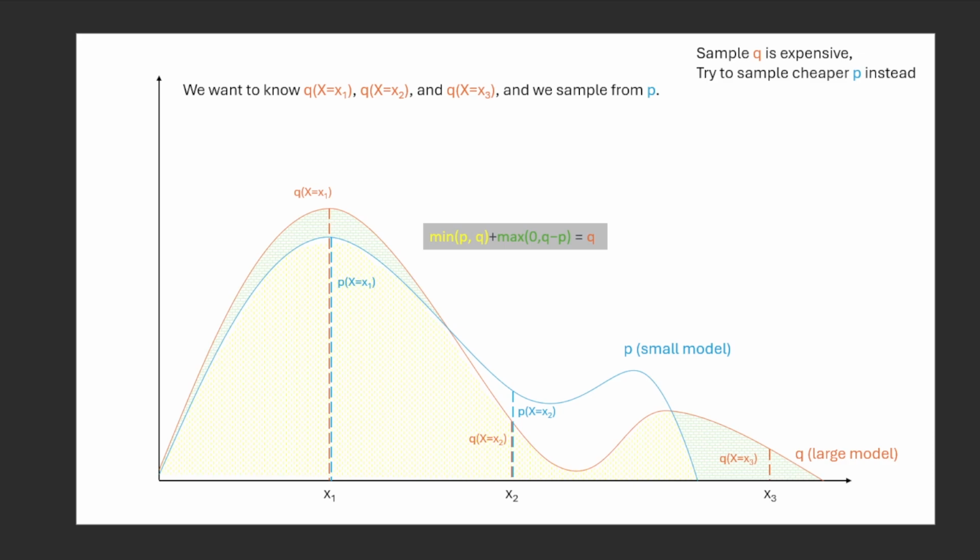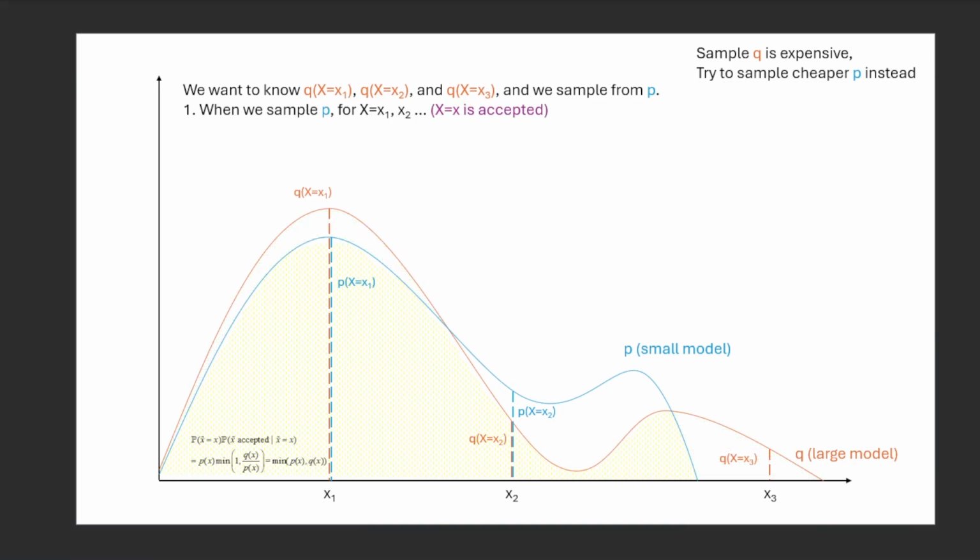If we can find an algorithm estimating the green part and the yellow part exactly, and most of the time only P is sampled, we can significantly reduce inference cost because we sample from a small model rather than an expensive one. In this algorithm, we will first sample from P and check whether this sample result is acceptable.